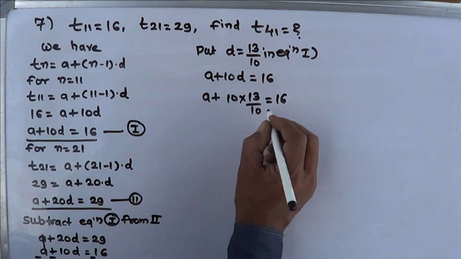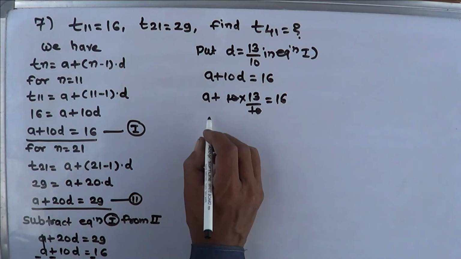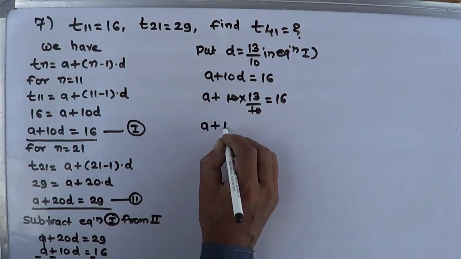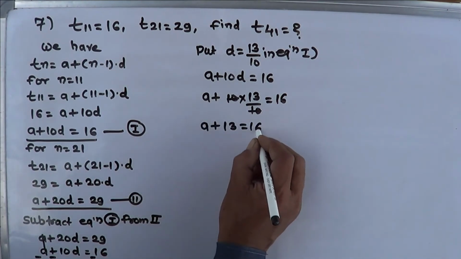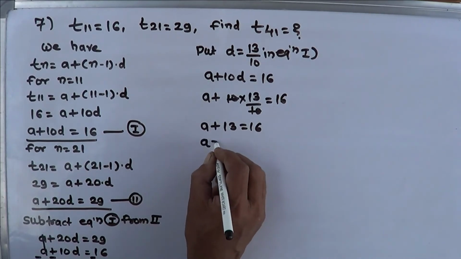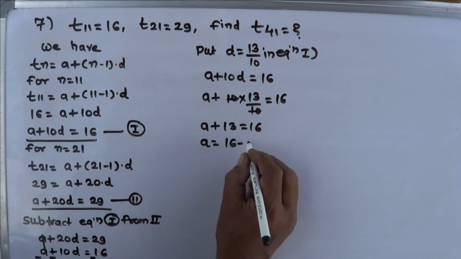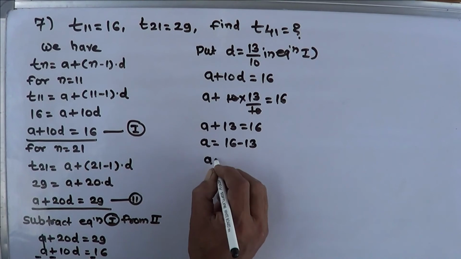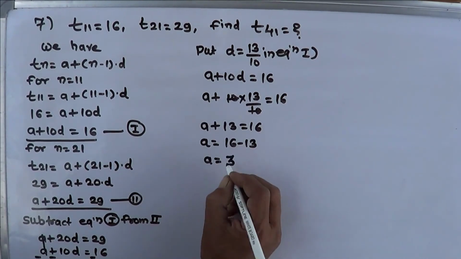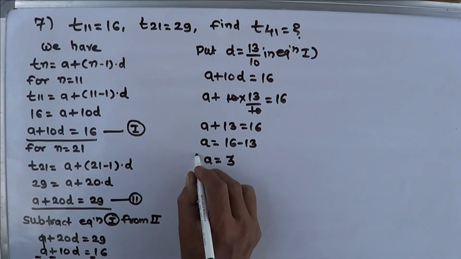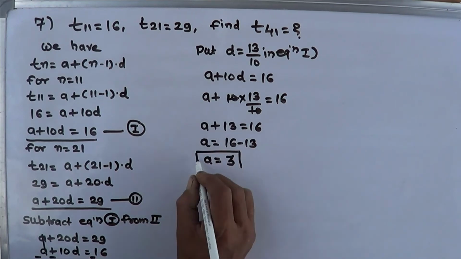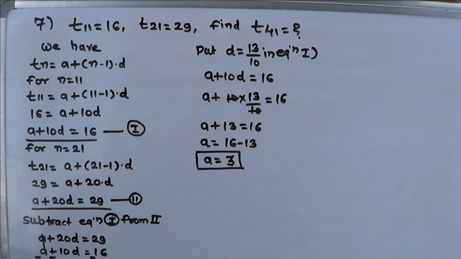The 10s get cancelled, we have a plus 13 equal to 16, and the value of a will be equal to 16 minus 13, so a is equal to 3. So here we have a equal to 3, and the value of d is 13 by 10, or 1.3, and now we can easily find out the value of T41.